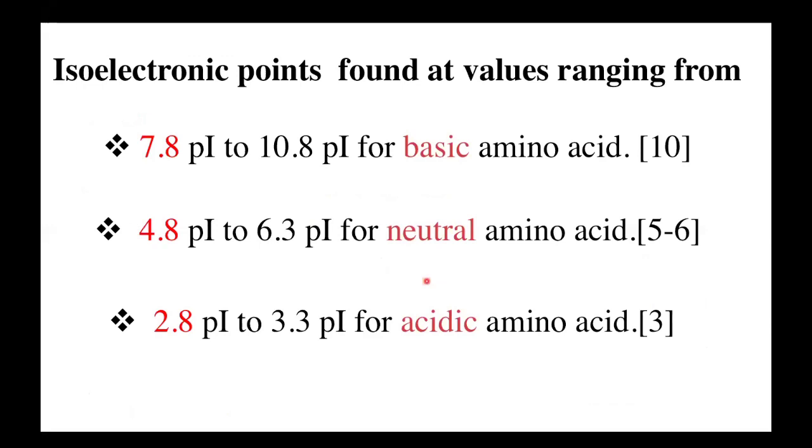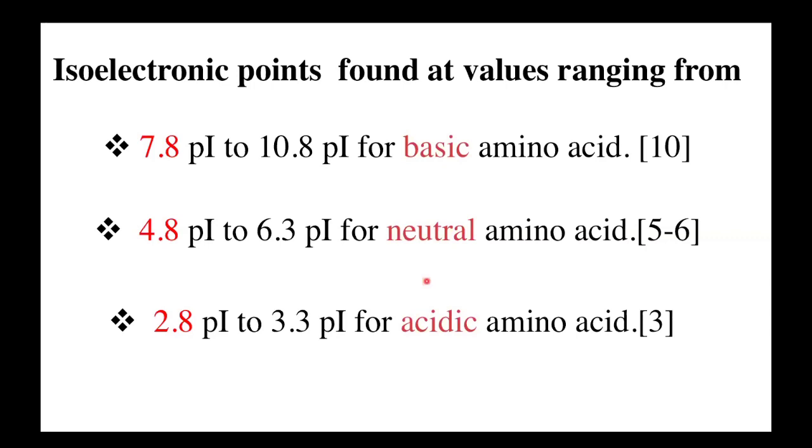So commonly, if pI is near about 5, it is neutral. And if a compound's pI is around 5 at pH value 2, which side can it move? Let's find out.